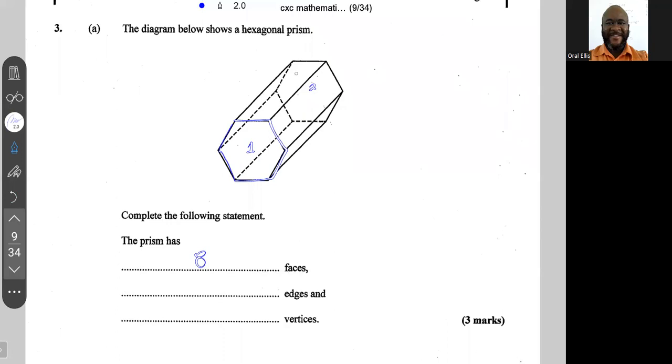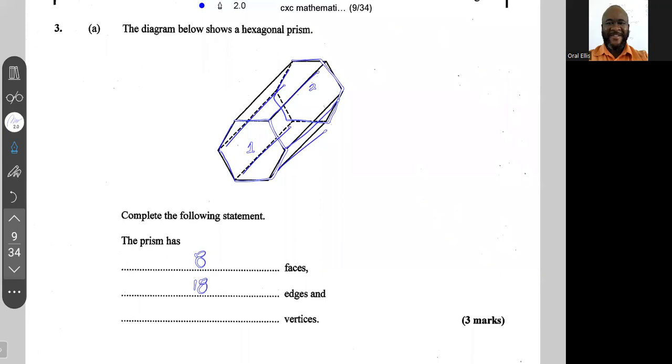There are 6 edges at this end, 6 at the other end, so that's 12, and there are 6 edges going around. So this shape has a total of 18 edges.